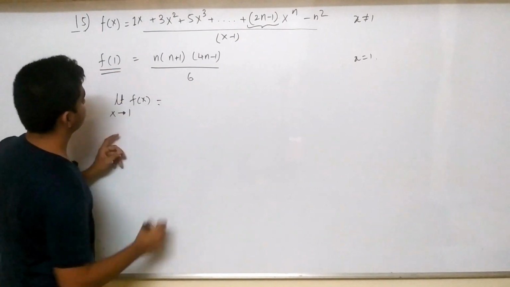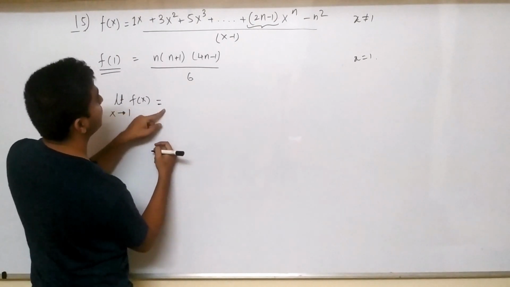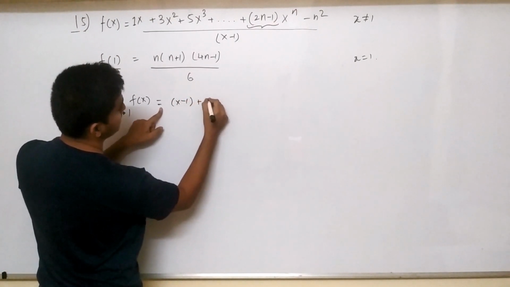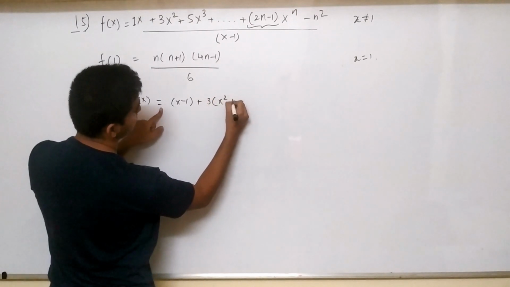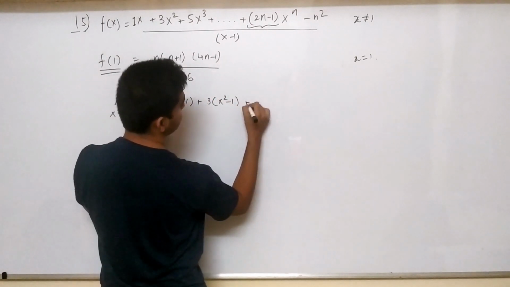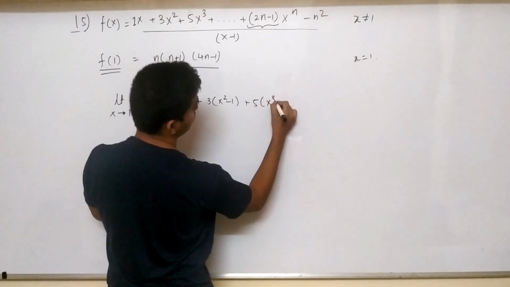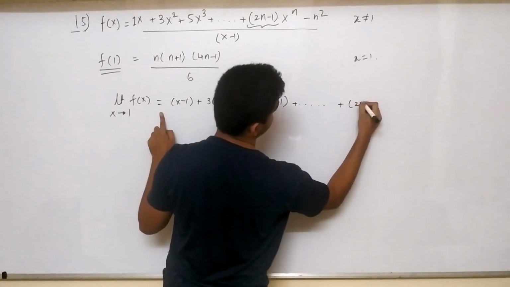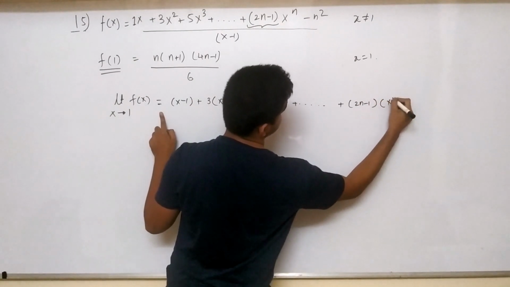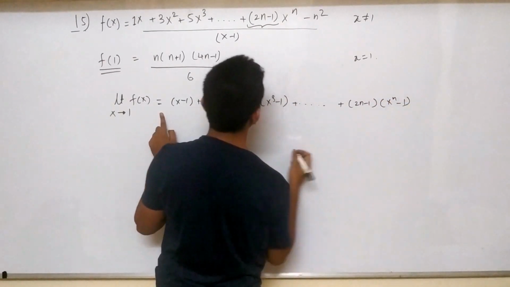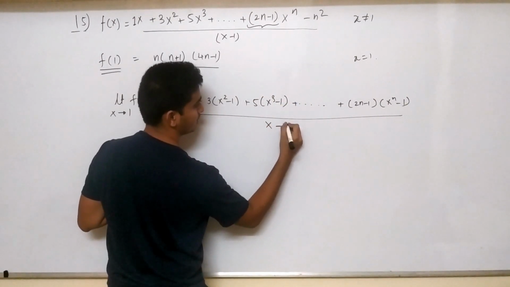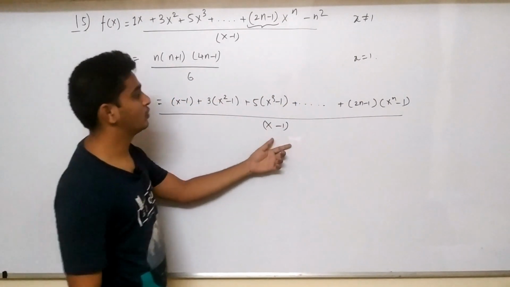So what we'll do is, we have revised the numerator as x minus 1 plus 3 times x square minus 1 plus 5 times x cube minus 1, and so on till 2n minus 1 times x raised to n minus 1. Everything divided by x minus 1. So now you know where I am going at.